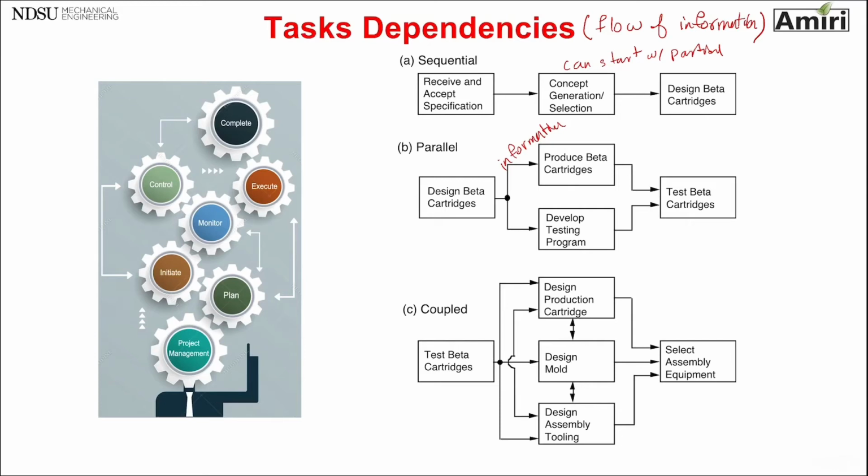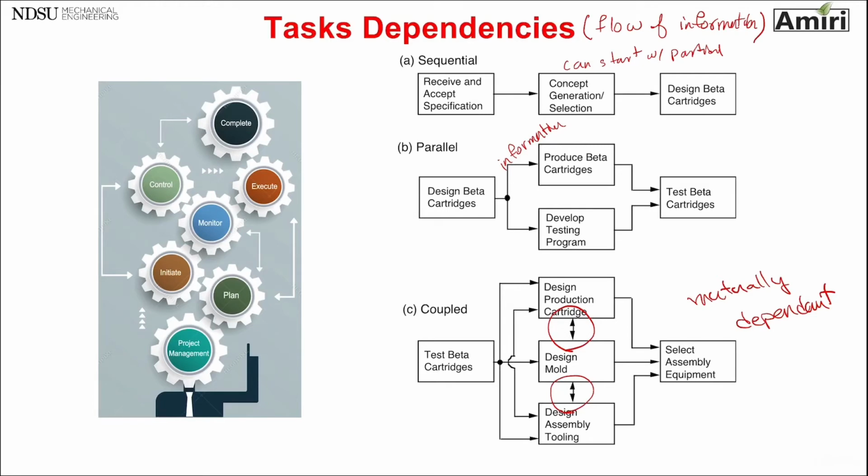In a coupled task, they are coupled, meaning they are mutually dependent on each other, and they require flow of information between them, and they should be done simultaneously at the same time.